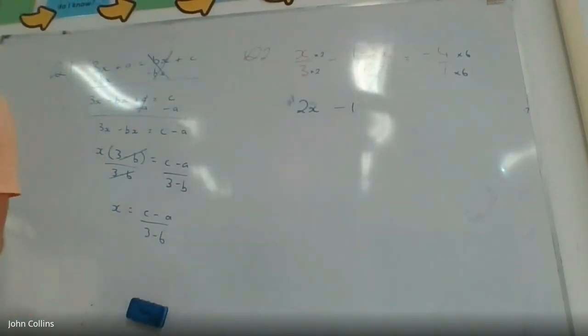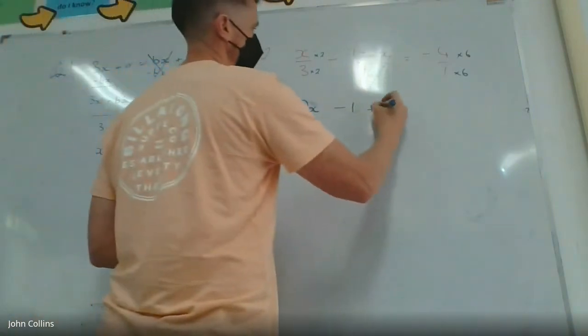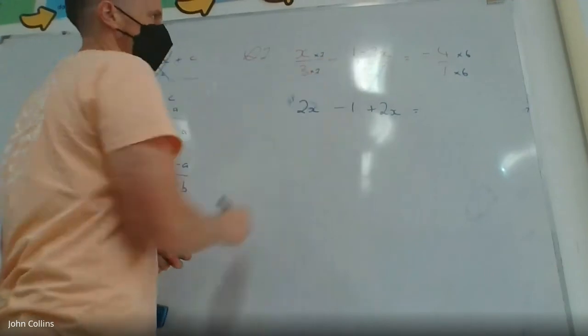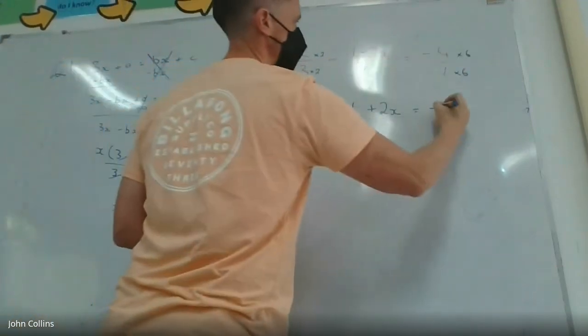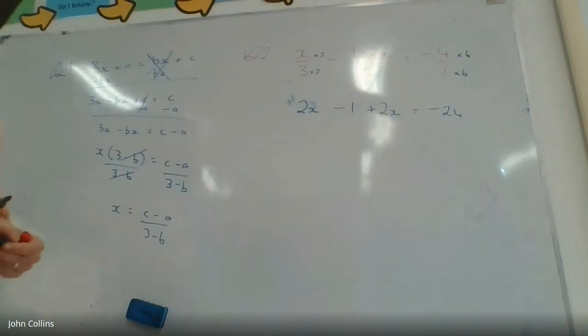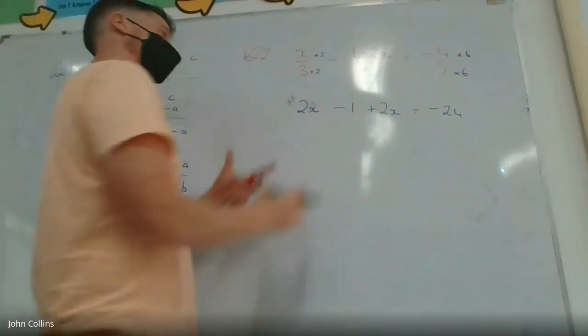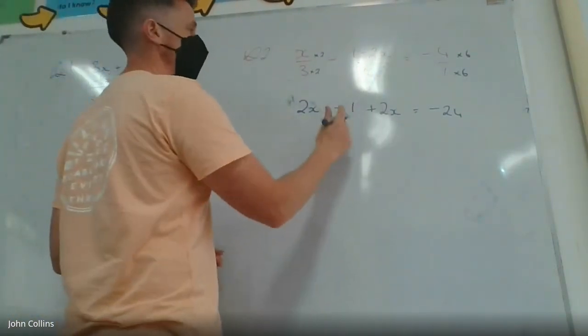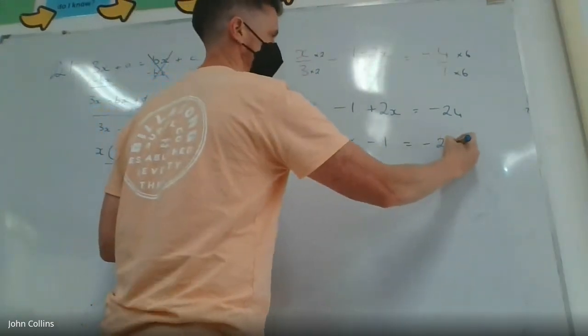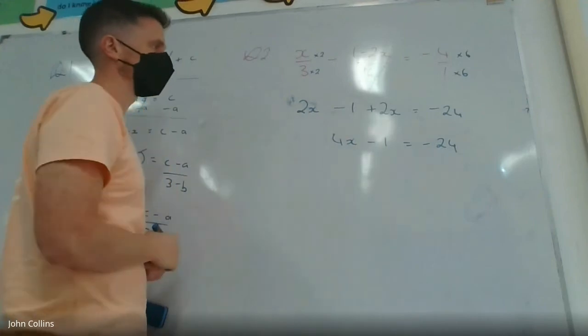Minus minus 2x. That's plus 2x. So this does change. And this is going to be minus 24 over 6. But once again, they're all over 6, so that doesn't matter. So at this stage, I can combine these two like terms because they're on the same side. 4x minus 1 is equal to minus 24.